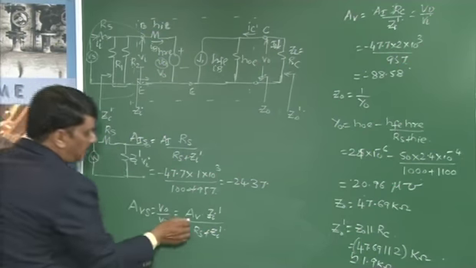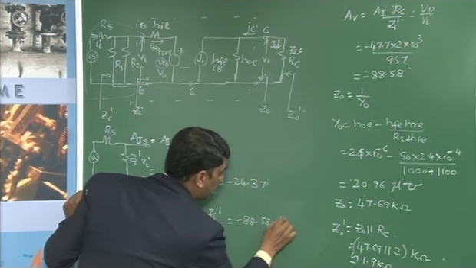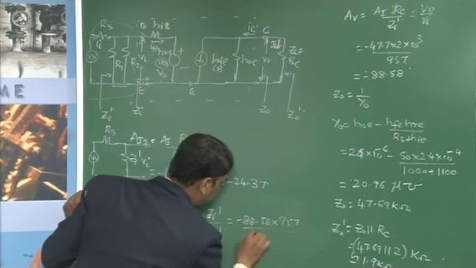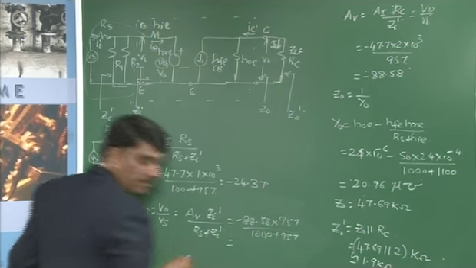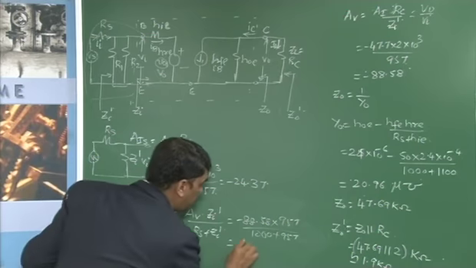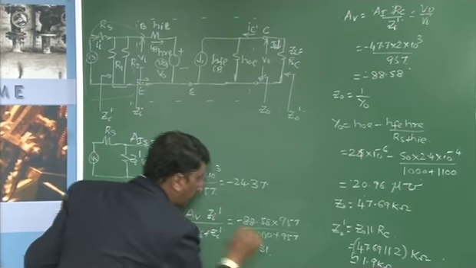This is equal to minus 88.58 into Zi dash, which is 957 ohms, divided by Rs 1000 plus 957. The gain of the amplifier is equal to minus 43.31.